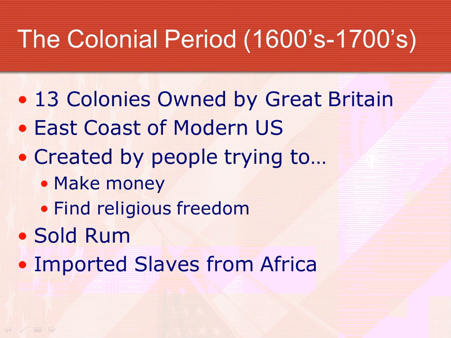Now, we sold rum to Africa. Africans didn't have rum before. You get people drunk enough, you get them to become alcoholics, and they will do anything to keep getting that rum. Most of the slaves that ended up coming to the Americas were people sold by Africans.